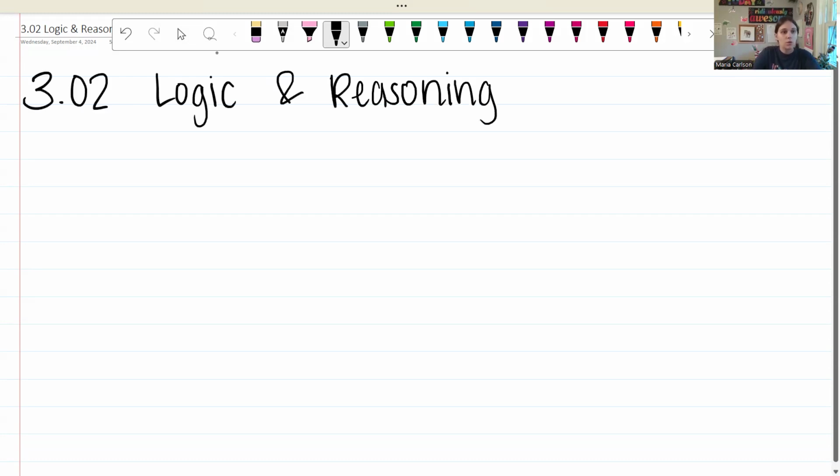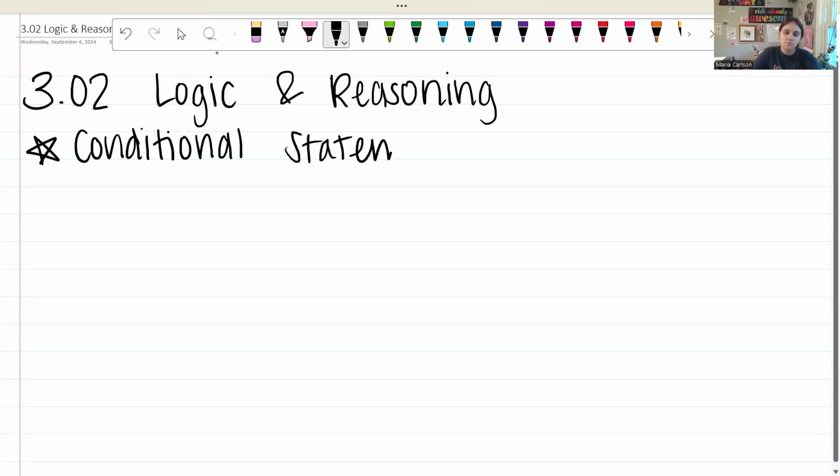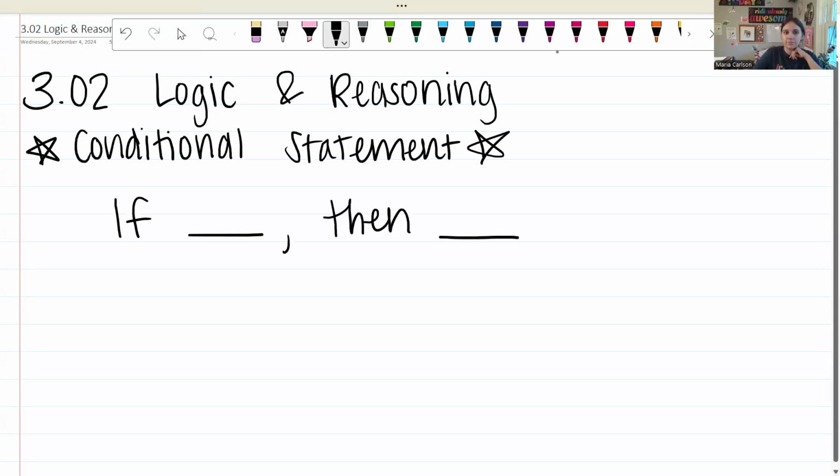So we want to first define a conditional statement. A conditional statement has the form: if blank, then blank.